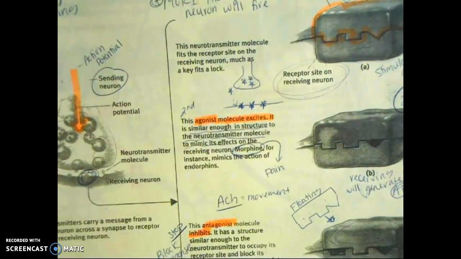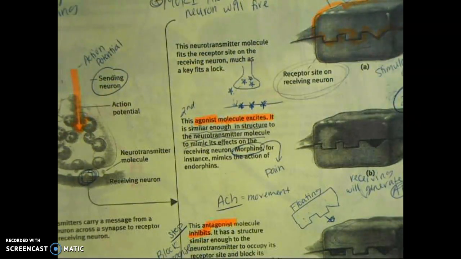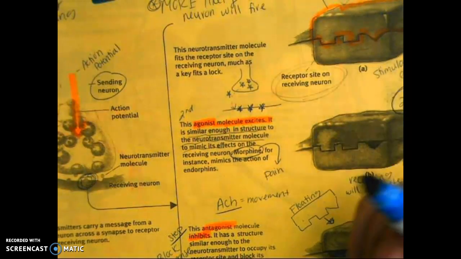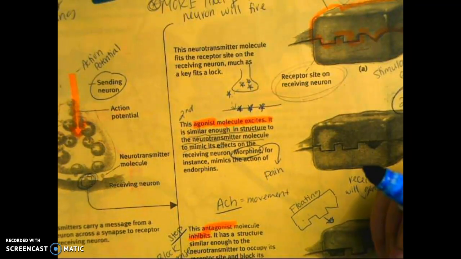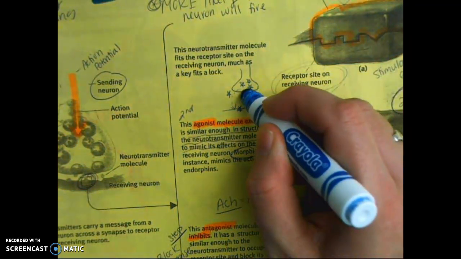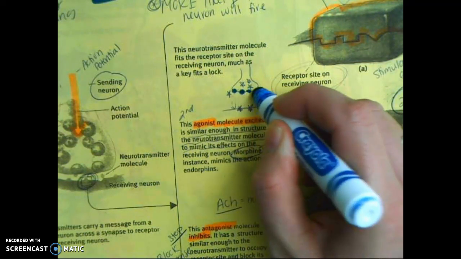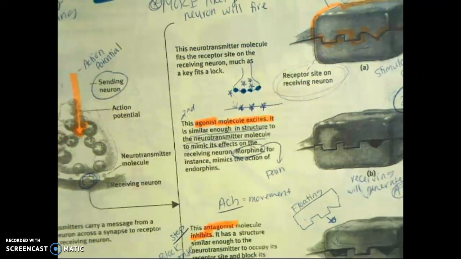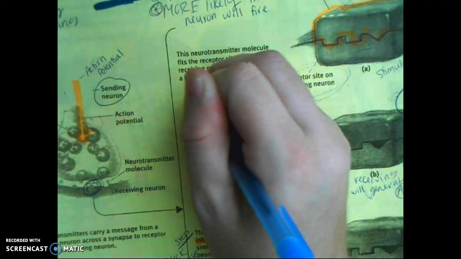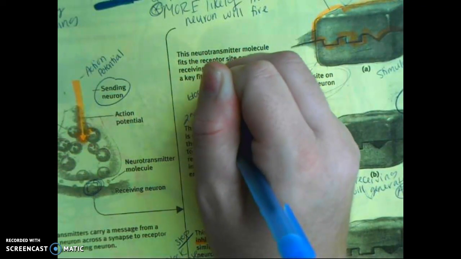But let's say someone ingests cocaine, we'll say, right? So someone takes cocaine. One of the ways that cocaine can act as an agonist is it actually can block reuptake. So another way to be an agonist is if it blocks reuptake.